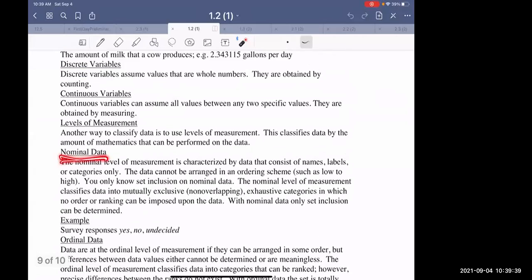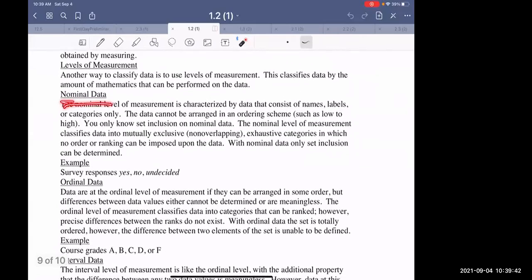Nominal. In nominal data, you're only looking at, well, can I put it in some set? So set membership. The nominal level of measurement is categorized by data that consists of names, labels, and categories only. So that's the only structure. I know your name, I know your label, I can tell what category you're in. The data cannot be arranged in any sort of ordering scheme, such as low to high.